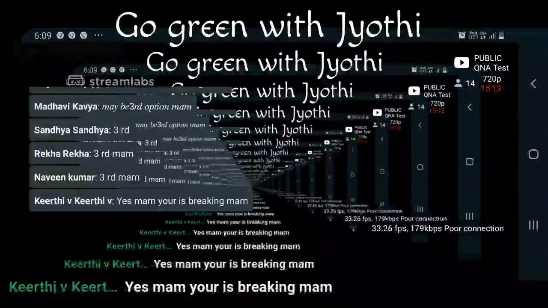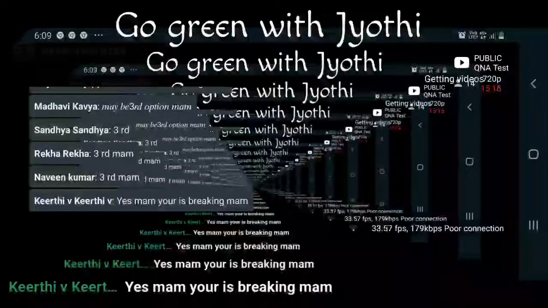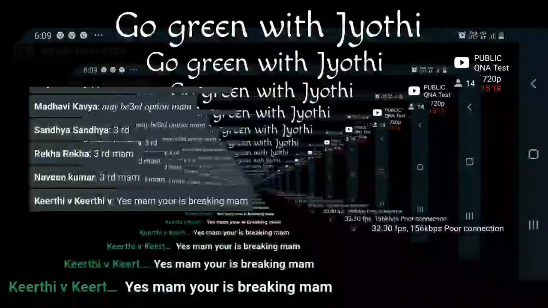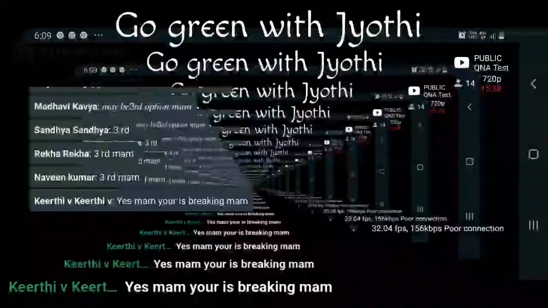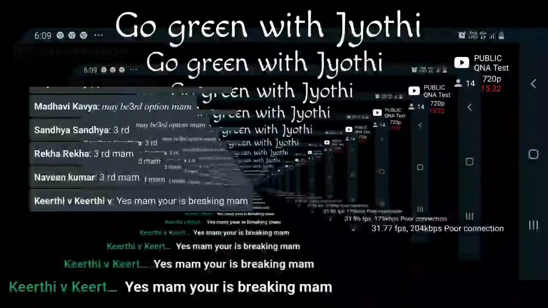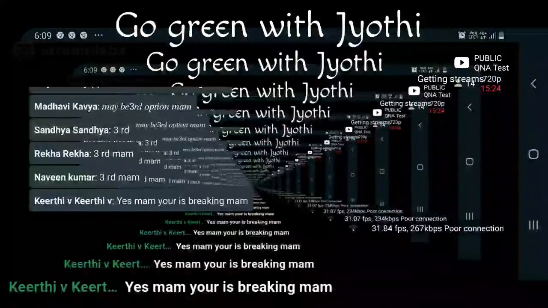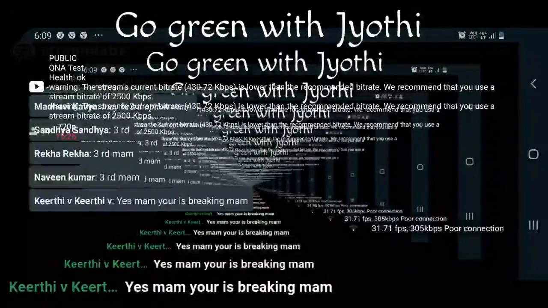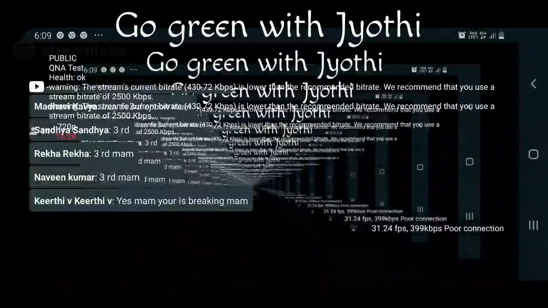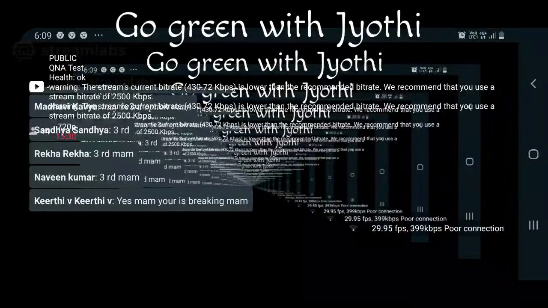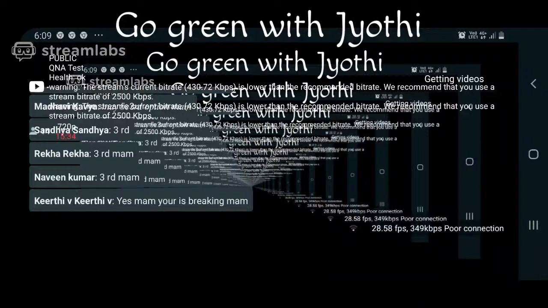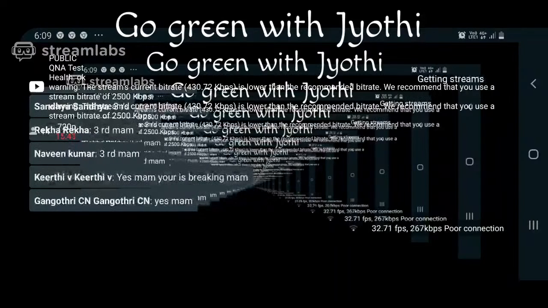Okay, voice is not clear for Kirti. Let me see whether it will be set right or not. My question is, ringworm is left over and ringworm is caused by what kind of microorganism? Ringworm is caused by what kind of microbe?